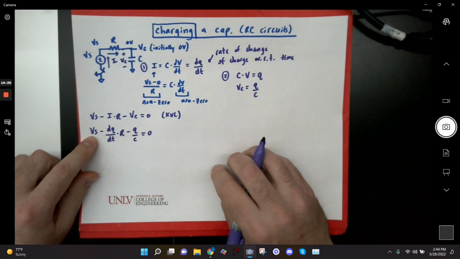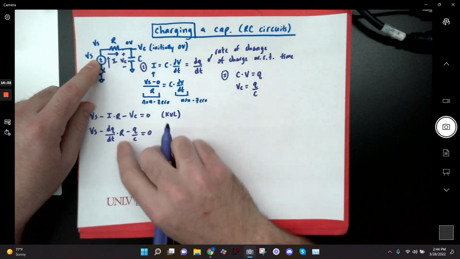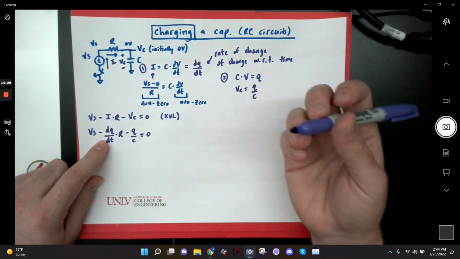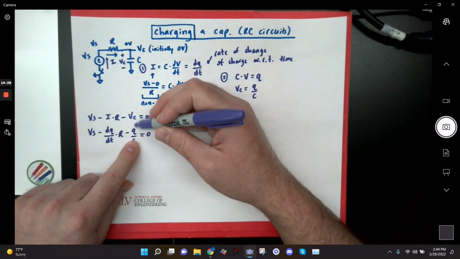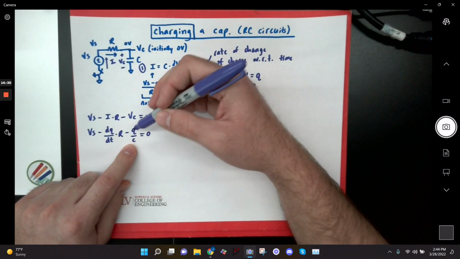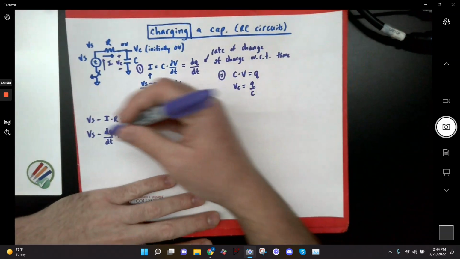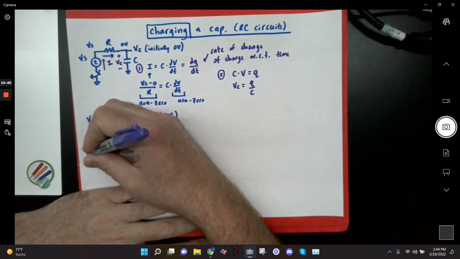I've got Vs, which is my source voltage. I've got my rate of change. This is my current, but it's in terms of Q now. And then I've got my capacitor voltage, which is also in terms of Q. And so once I get this equation written out, I can add these two negative terms over to the other side.